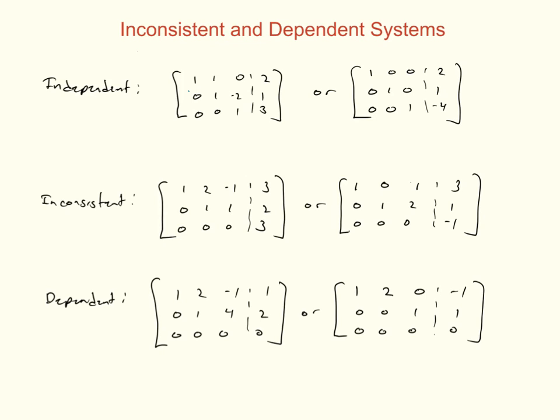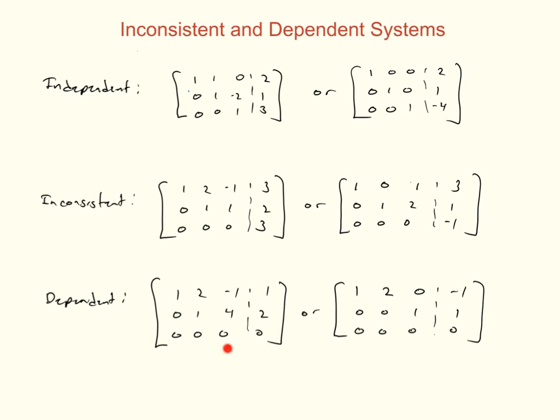Systems that are dependent have multiple solutions. And multiple solutions happen when you're dealing with 3 equations, 3 unknowns, 4 equations, 4 unknowns, 2 equations, 2 unknowns, when you end up with a row of zeros. So in both of these systems, this one is in row echelon form, this is reduced row echelon form.